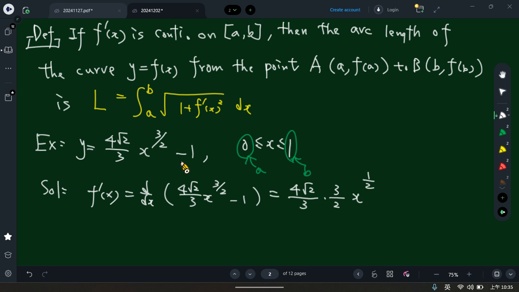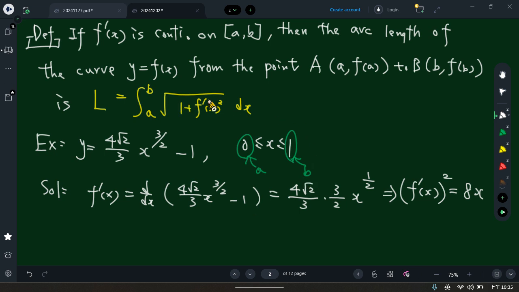Based on this, you can get f prime of x squared equal to 8x.